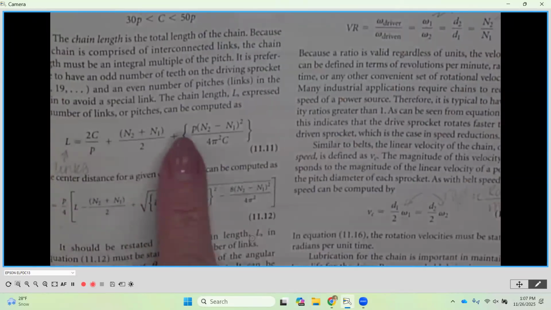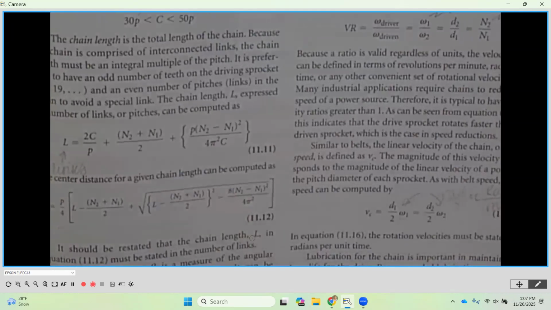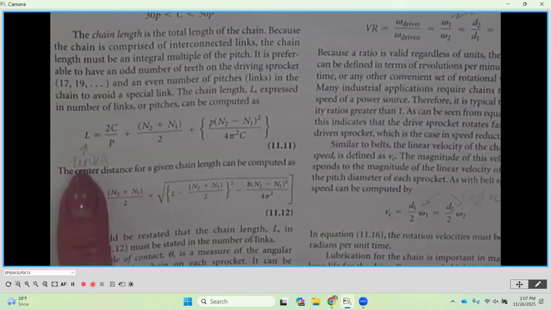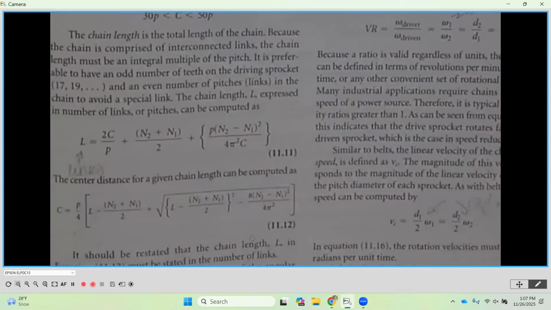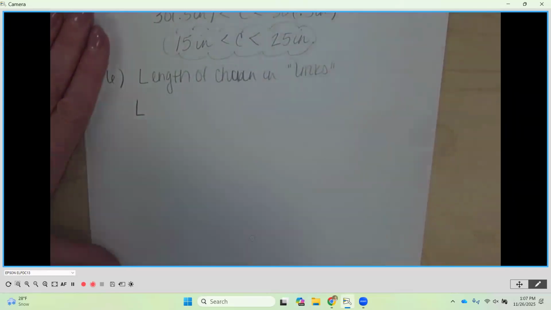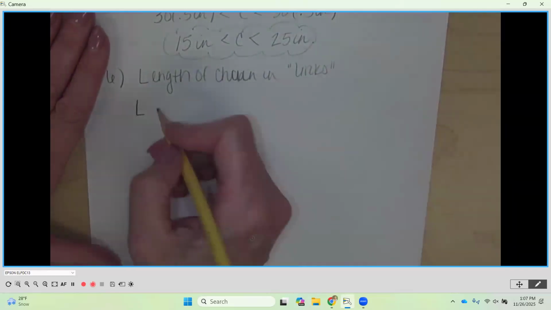Okay. Now, don't worry about units for this. There's just kind of too much here. I wouldn't be able to fit them all in on my page, but know that your capital L is in links. That is going to be the final units. All right. So I'm going to write this equation in variable form first. Just be careful not to mess up the adding and the subtracting.